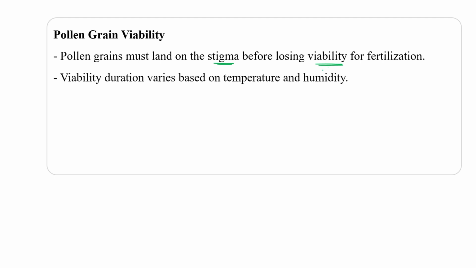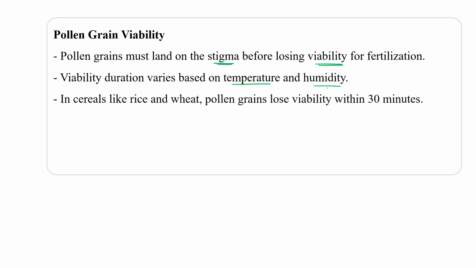Viability duration varies from species to species and depends upon certain factors like temperature and humidity. In some cereals like rice and wheat, pollen grains lose viability within 30 minutes.